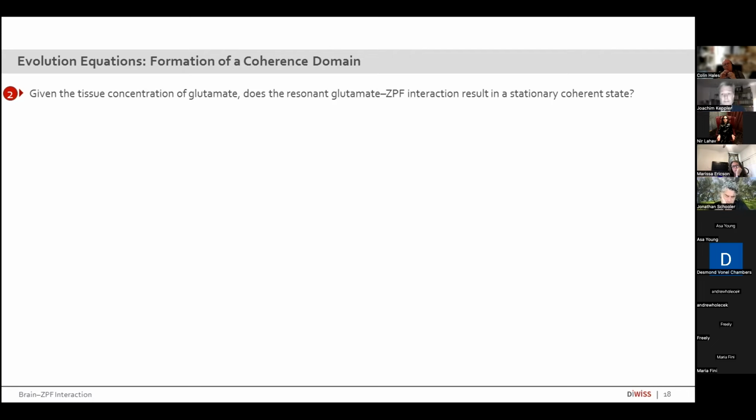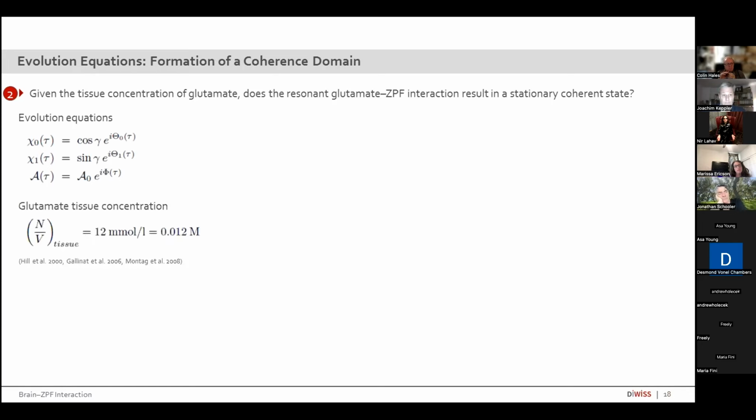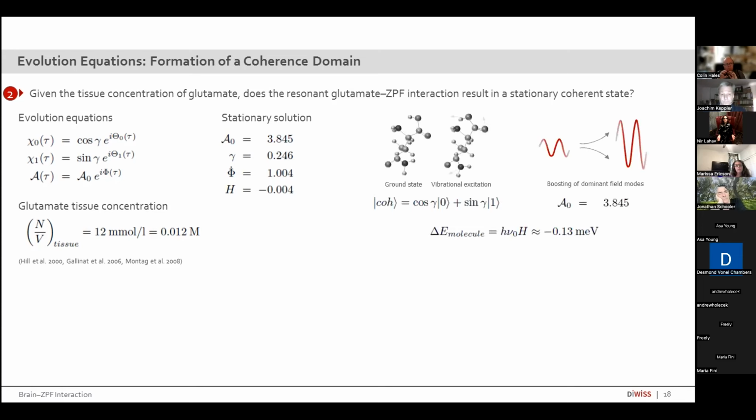Do we get a stationary solution, a stationary coherence domain? And here we find that the evolution equations can be written in this way. The glutamate tissue concentration is typically in the range of 12 millimole per liter. Inserting this value into the equations results actually in a stationary, very nice solution.